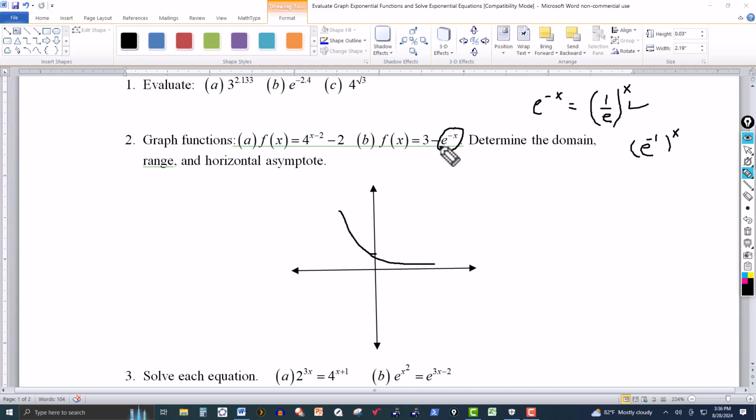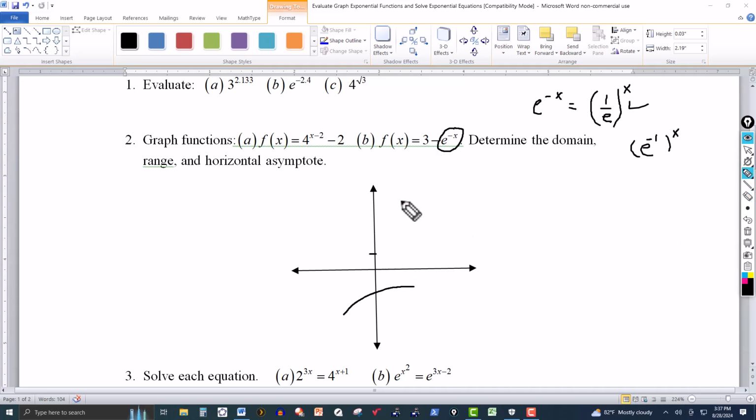And then what does this negative in front here do? This flips it. This is reflected over the x-axis, so it's going to be coming down this way. So this is going to come down this way here. It would have the asymptote here at 0.